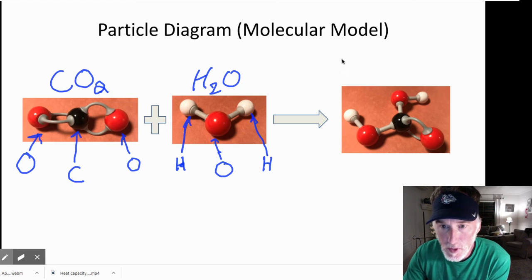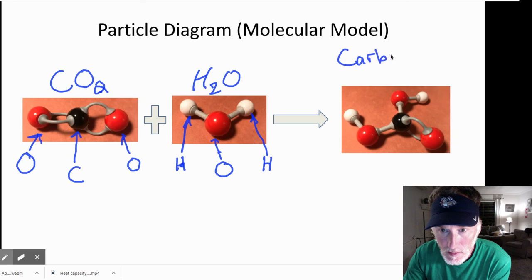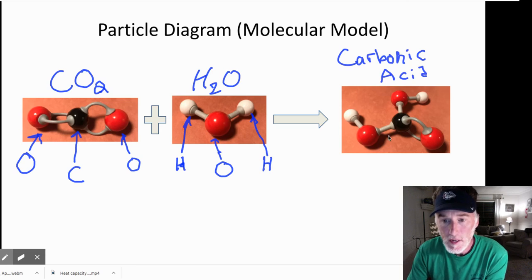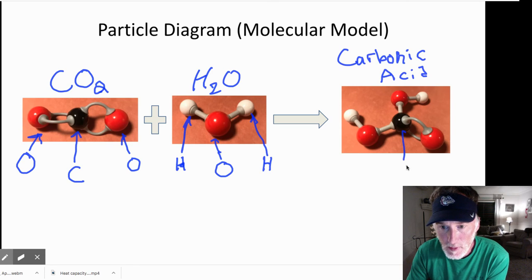We're going to call this carbonic acid. As you can see here, it also has a carbon atom, an oxygen atom here, an oxygen atom here, and an oxygen atom over here. And then we have our hydrogens.